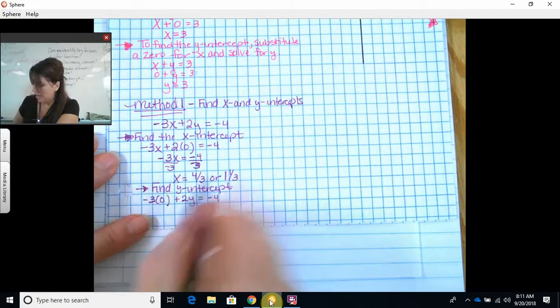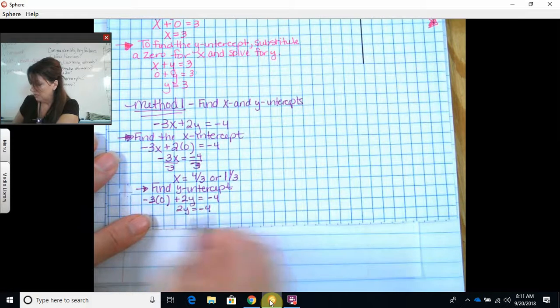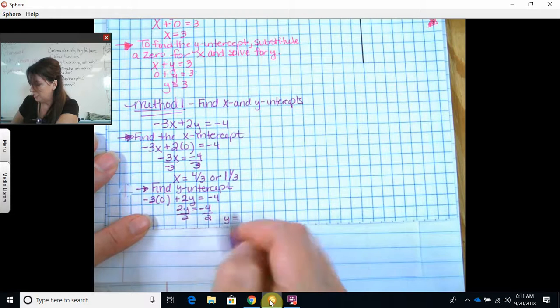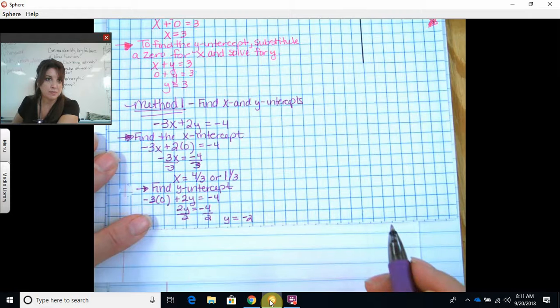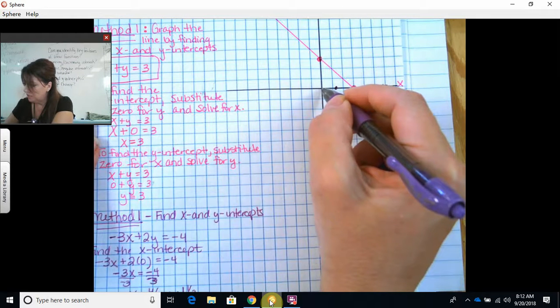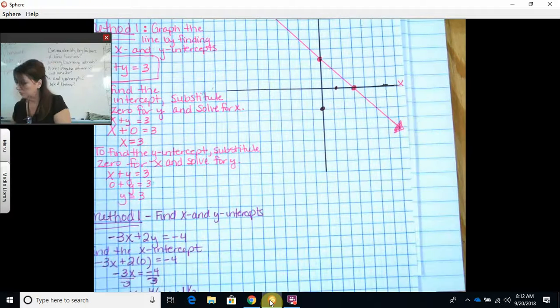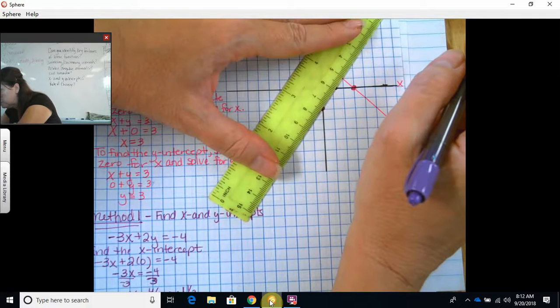And we have 2y equals -4. Solving for y, we'll divide both sides by 2. And my y-intercept is -4 divided by 2, which is -2. So on the y-axis, I will go to my origin, and -2 will be down 2 units. And I'm trying to be as precise as possible.